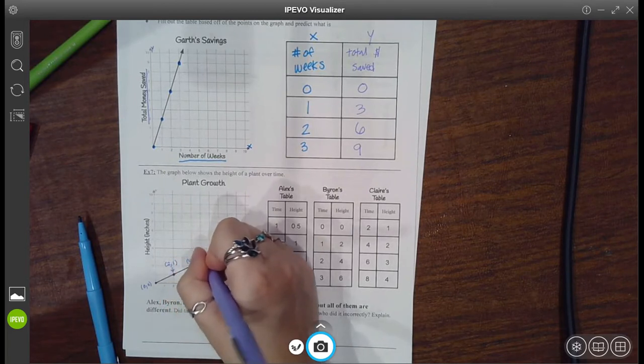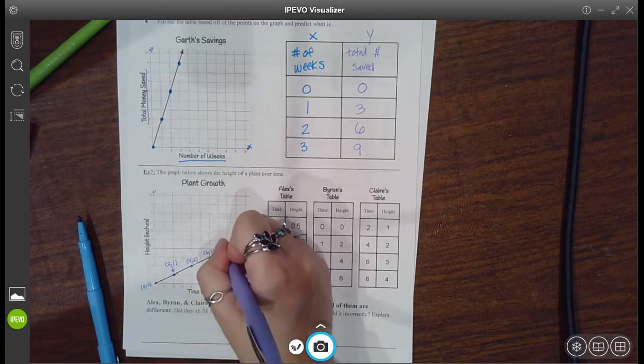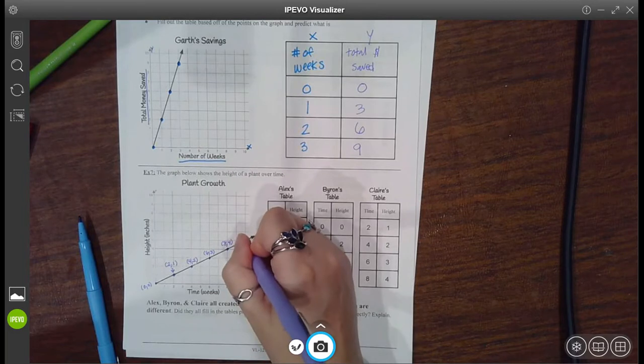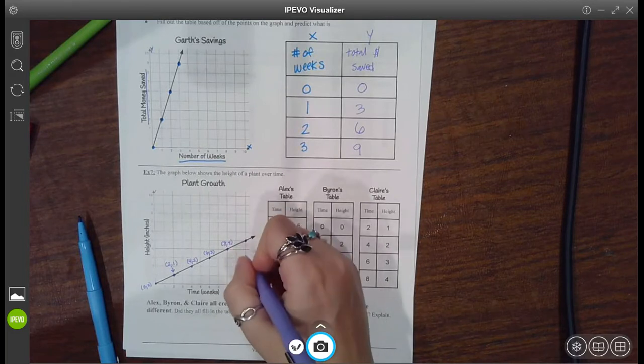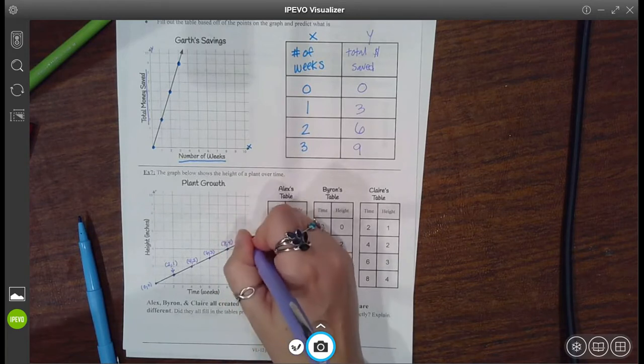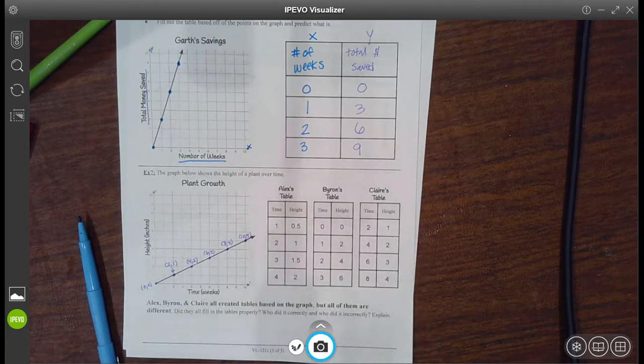This one went over 6 up 3. This one, over 8 up 4. If you haven't tried to identify any points, make sure you try before I do it. Over 10 up 5.